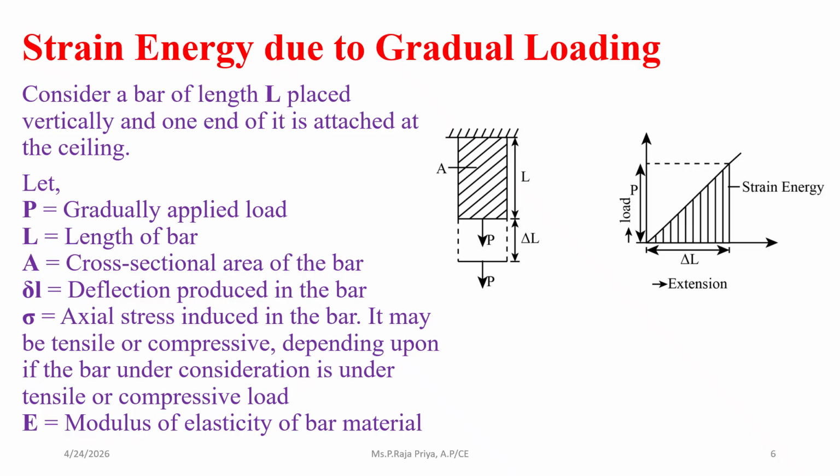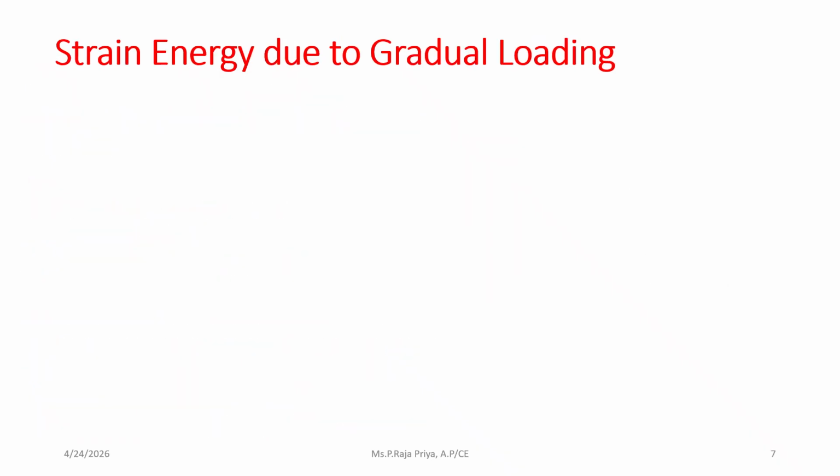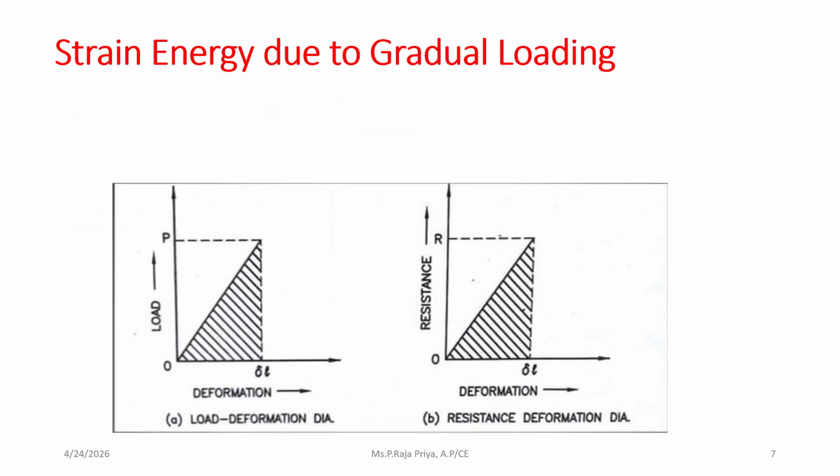The load is applied gradually and this will be the strain energy which is stored. This is the load versus deformation diagram in case of gradually applied loading. And this is the resistance versus deformation diagram in case of gradually applied loading.